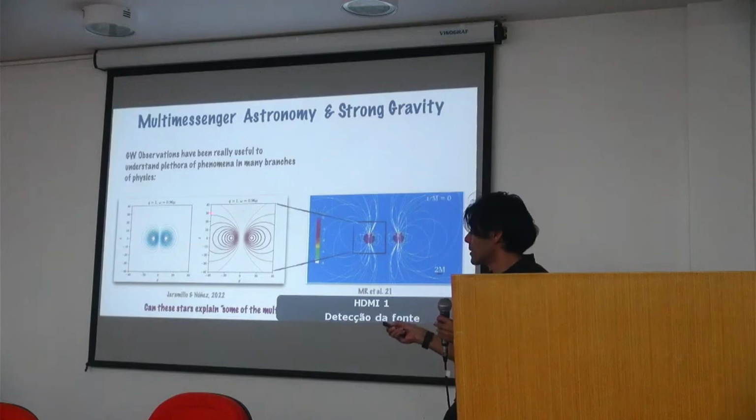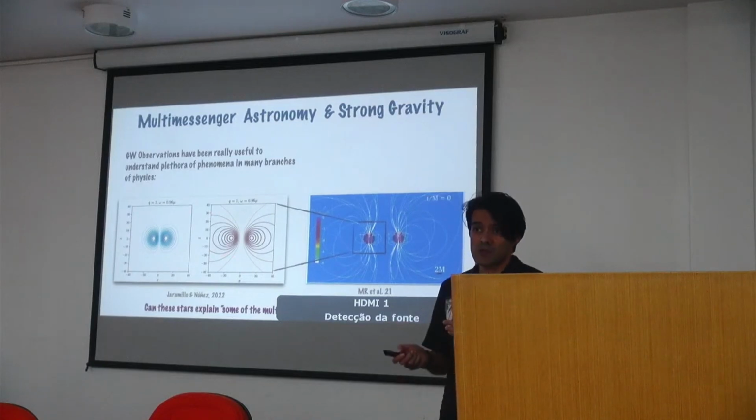I'm pretty sure that someone is screaming already that maybe this is not the case, because the masses are not compatible with neutron stars. If you have a boson star, you cannot have similar properties to neutron stars. But maybe with a specific parameter, you can explain, using the merger of these objects, some of the observations that we have seen.